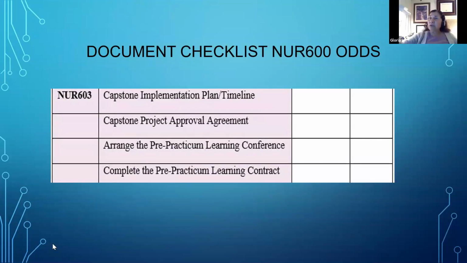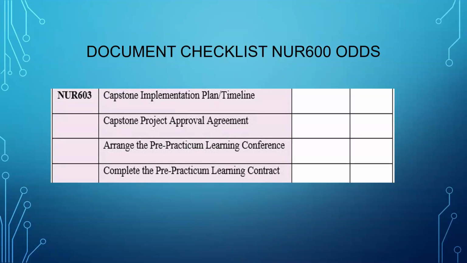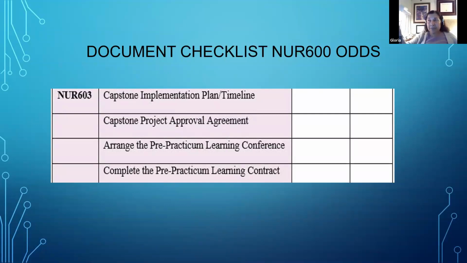Okay, NUR 603. Well, actually, this is the first odd 600 for education, and it's the same no matter what the course number is. And this is the time that we look at our capstone implementation plan and timeline. So in addition to what Evelyn had mentioned, the project approval needs to probably be included here as well. Because the first thing is that we need to look at that capstone plan to make sure that it can be implemented.